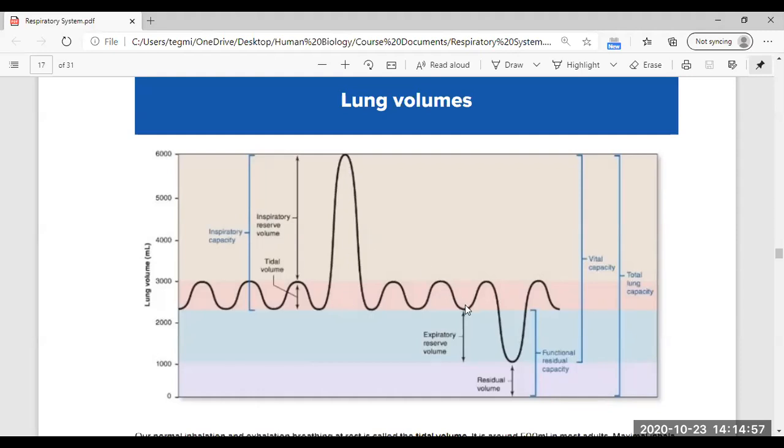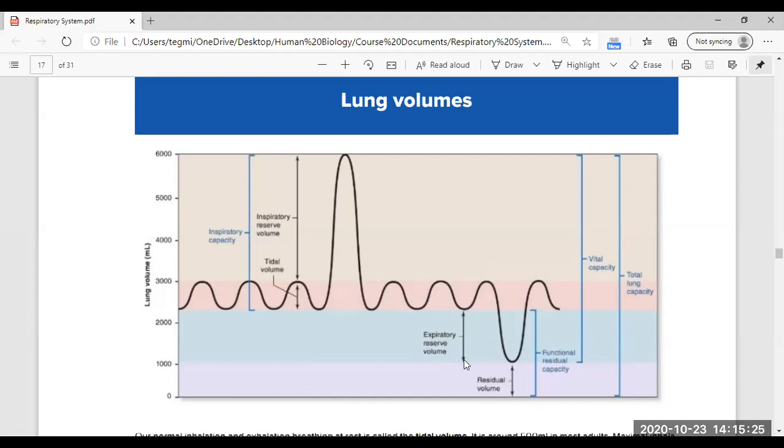Now, you exhale normally and then you inhale, and then you try to exhale as much as you could to reduce the volume of air in the lungs. This is called the expiratory reserve volume. How much more can you exhale after your regular exhalation?